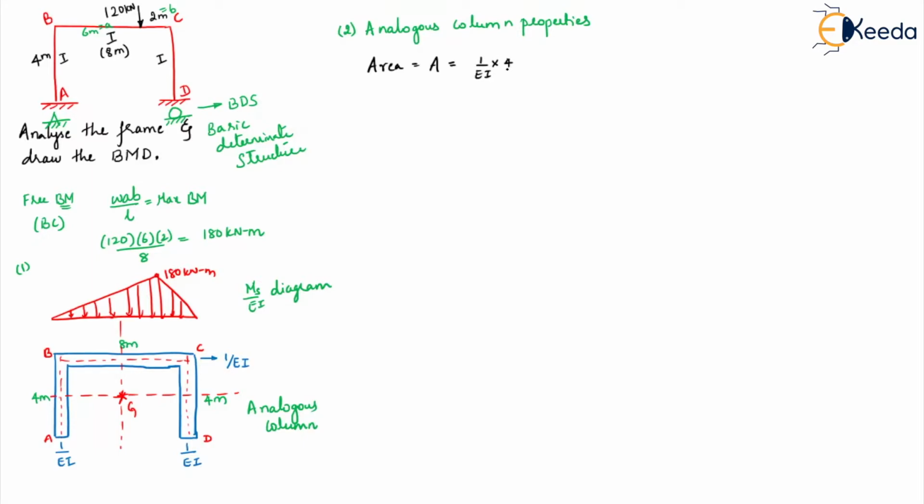Depth is what? 4. Right, like that we have two columns. Here one column and here one column. So into 2 we can do. Plus this one is what? 1 by EI into 8. Right, so totally we get what? 8 plus 8, 16 by EI is the area of this analogous column.